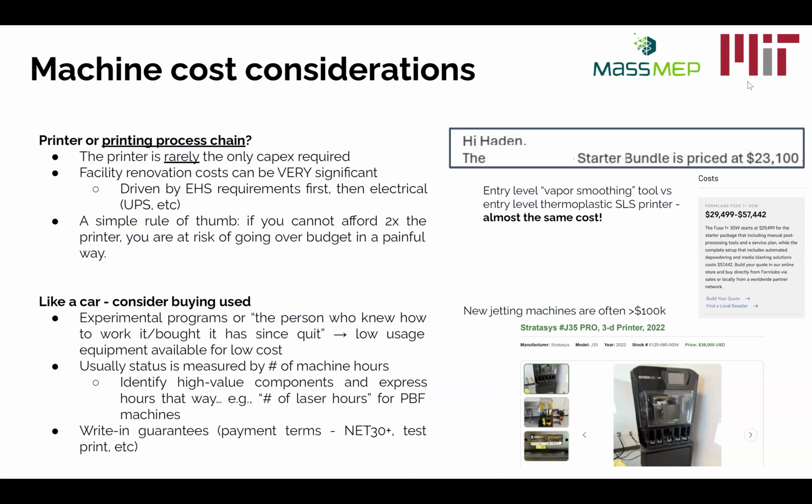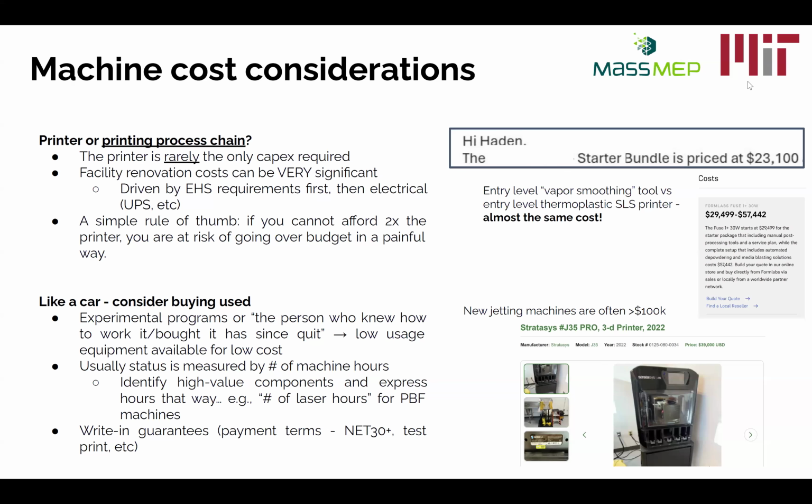The other way you can think about optimizing machine cost is by buying used, right? We buy used cars all the time. So why not buy used printers? And to be honest, there are a lot of really high quality printers available used because the people who bought them didn't really know what they were going to do with them, which is the theme of our last webinar. Don't be that person. Know what you're going to do before you buy.